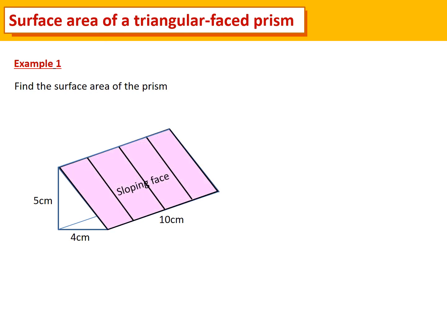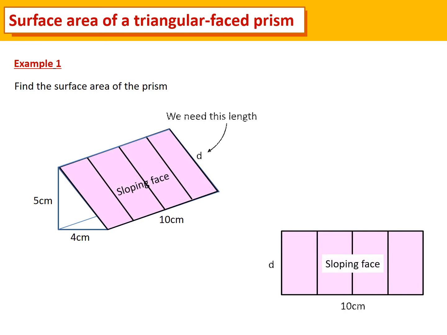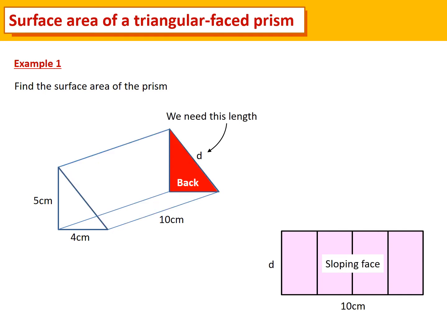For the sloping face, we have a width of 10 centimeters, but the height is the length d, which we don't know. So we have to find the length d. We use the back triangle. Remember, the dimensions of the back triangle are 4 centimeters by 5 centimeters, and therefore we use Pythagoras.